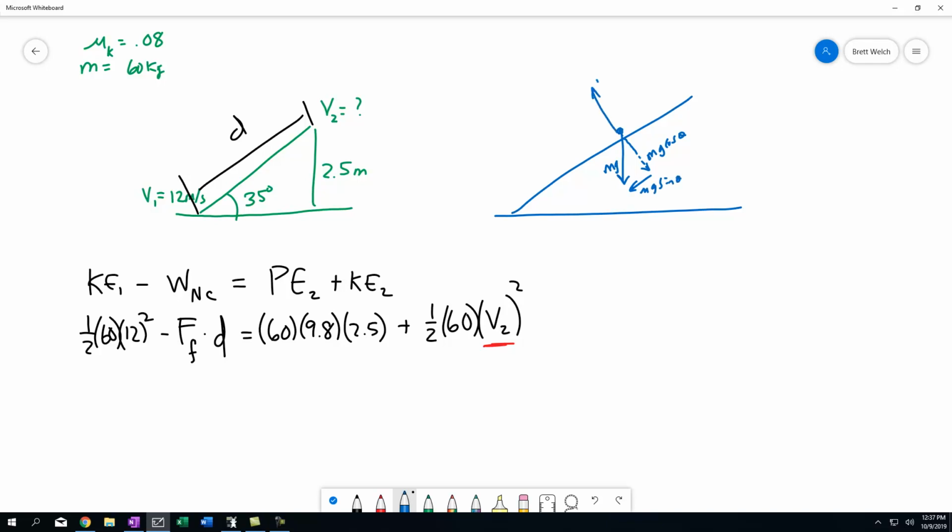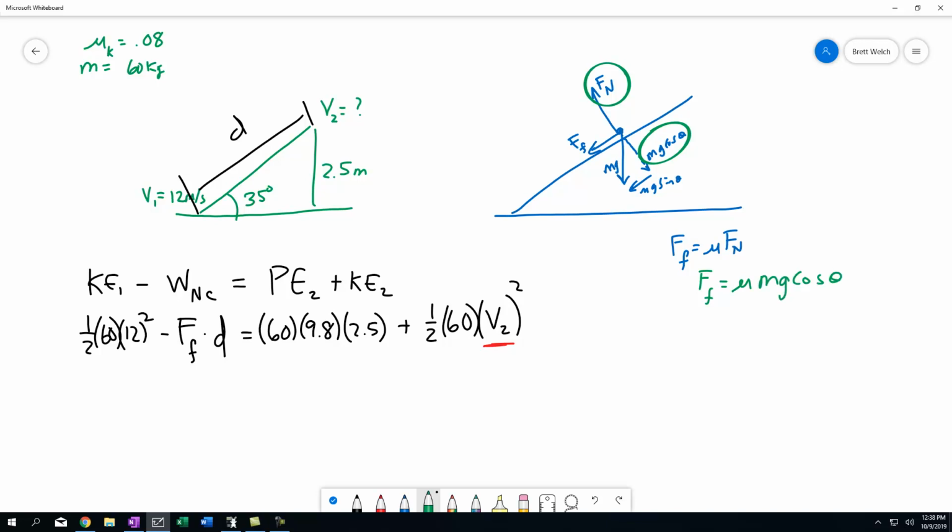Of course, we have Fn, and because the skier is going up the slope, we actually expect the force of friction to be down the slope. Now, by default, the formula for the force of friction is always mu times Fn. But we know that Fn will have to equal mg cosine theta.